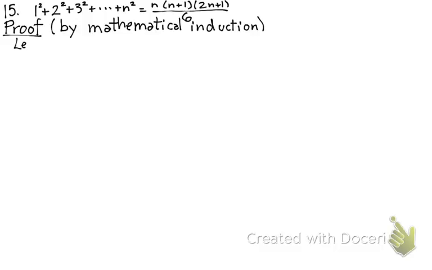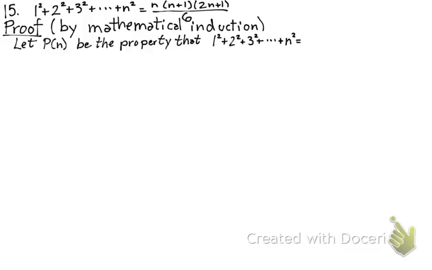So let P of n be the property that 1 squared plus 2 squared plus 3 squared all the way up to n squared equals n times n plus 1 times 2n plus 1 over 6 for all n.